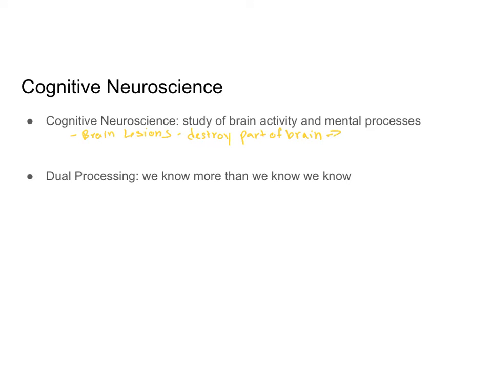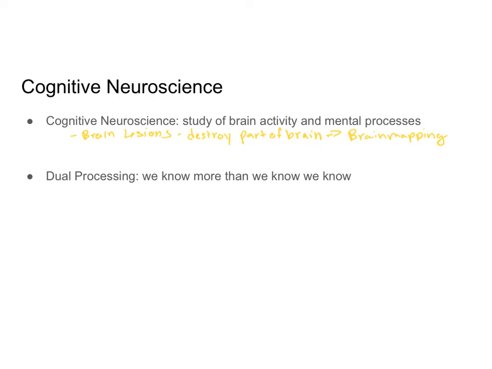But what this has led to was what we know as brain mapping, and the idea of understanding what parts of the brain are responsible for what actions, and really led to this development of cognitive neuroscience as a scientific study.